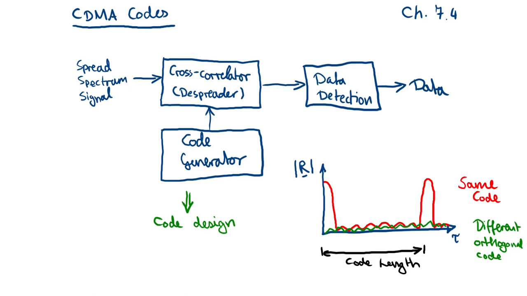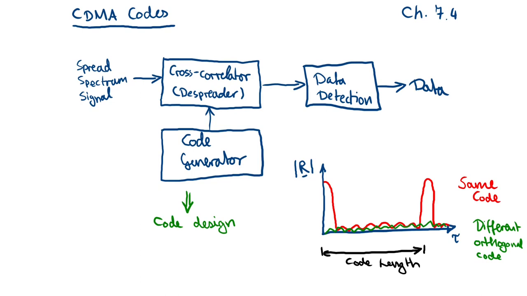A CDMA system uses different orthogonal codes to separate the user transmissions from each other, and at the receiver side we use a despreader, which relies on cross-correlation, to despread the signal, extract the user signal, and do the separation from other signals.